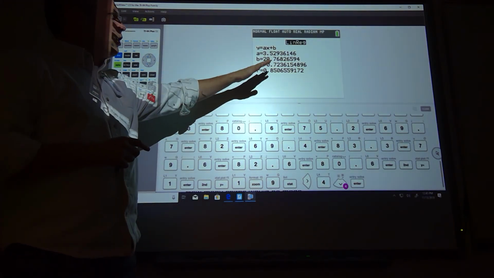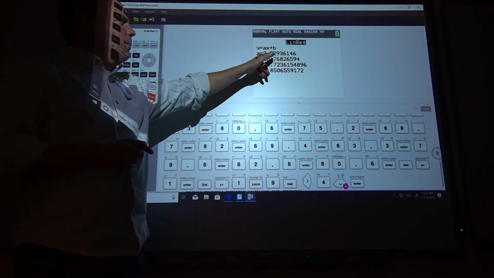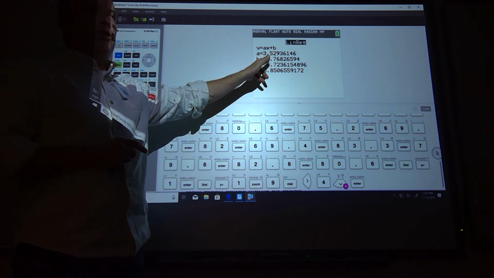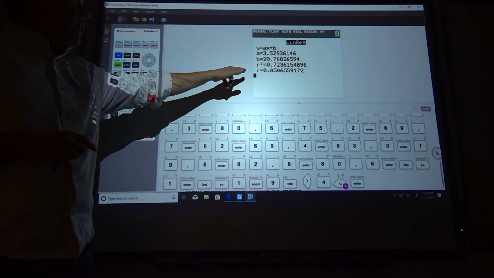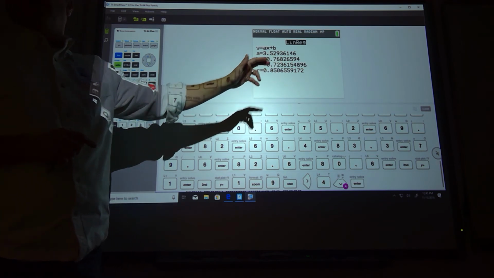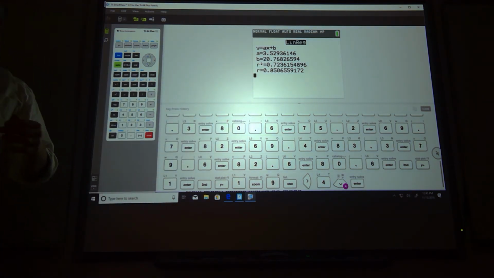So this is my linear equation, 3.5x plus 20.7, with an R value of 0.85. So this is positive correlation, kind of strong. This is like getting an 85% on a test. We're happy about it, but then we're like, dude, we could have done better.